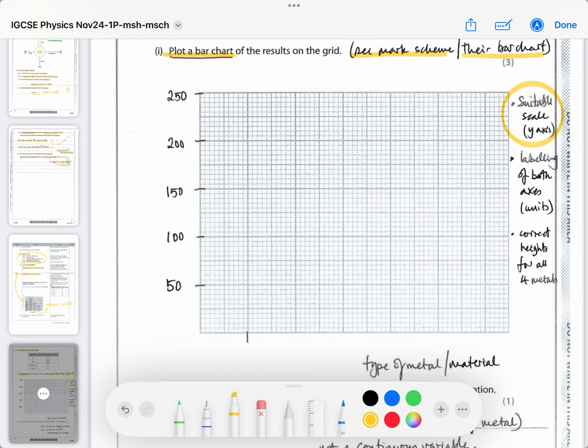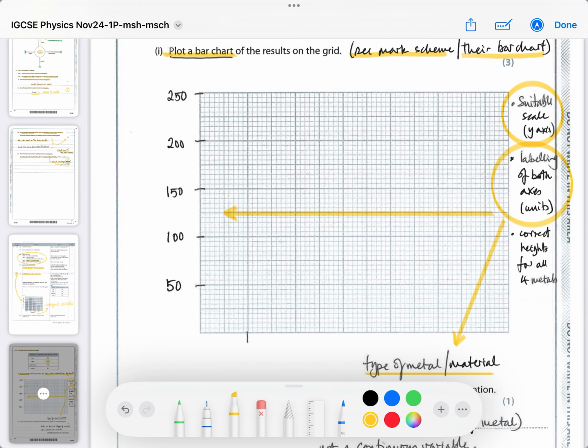Then you've got to label both axes, and obviously you need to put the units for these numbers here, which I haven't done, but you need to do. And obviously the type of material has no units, but you still need to make sure that you have labeled it before you put your bar chart.